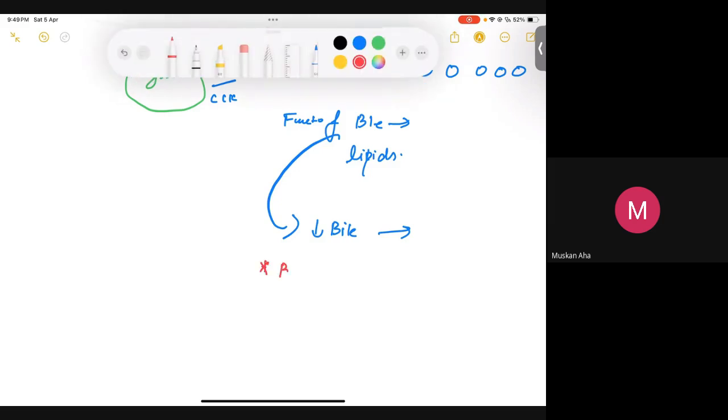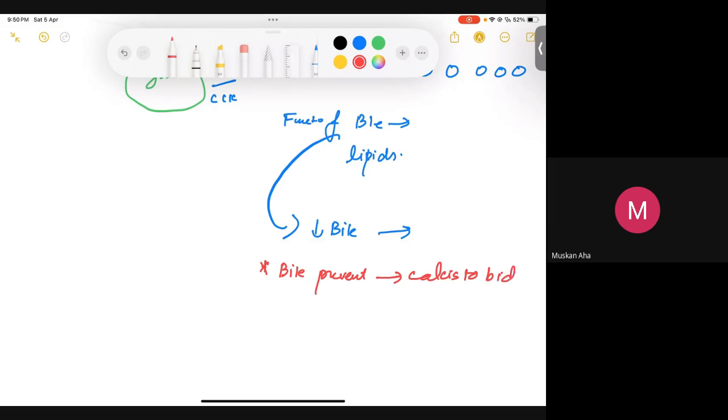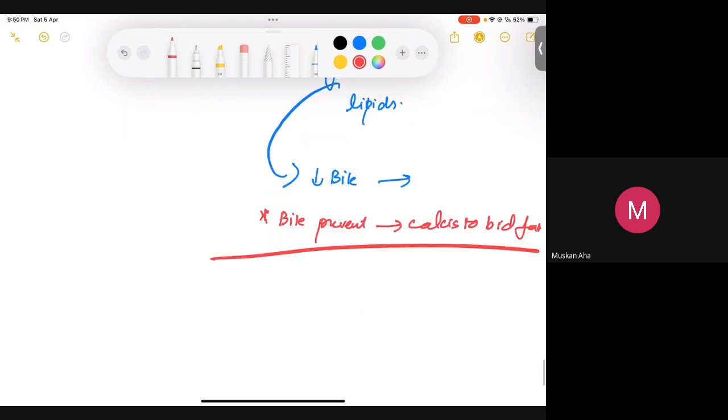Your bile basically prevents the calcium from binding with the fats. The idea is very simple. Why? Because bile helps in the breakdown of your lipids, so it does not give enough space for the calcium to be attached to your lipids.